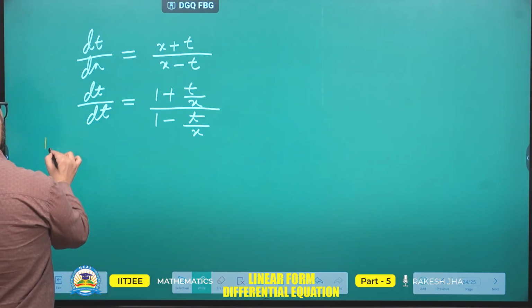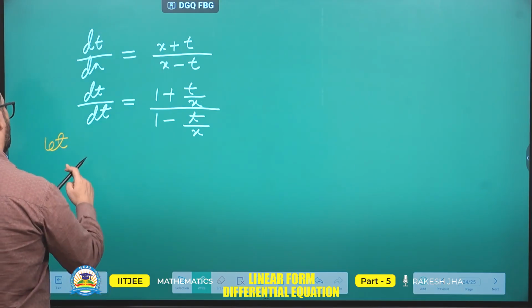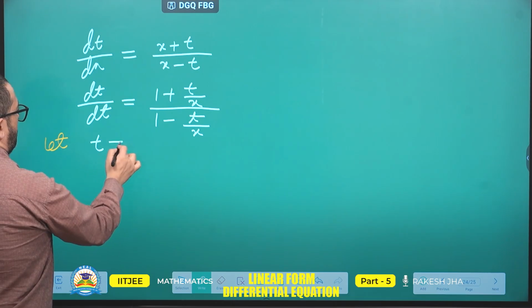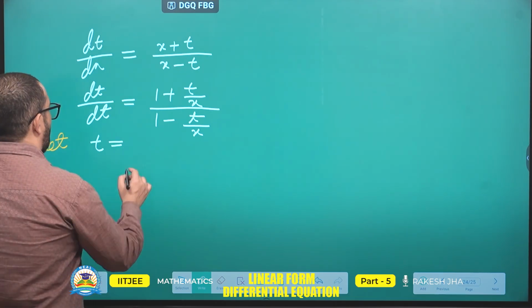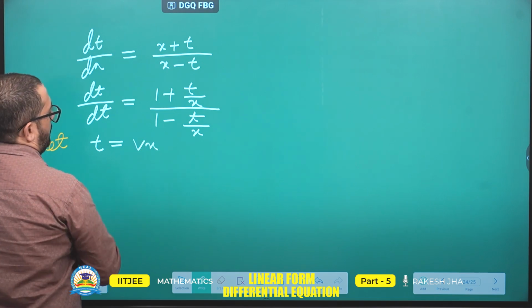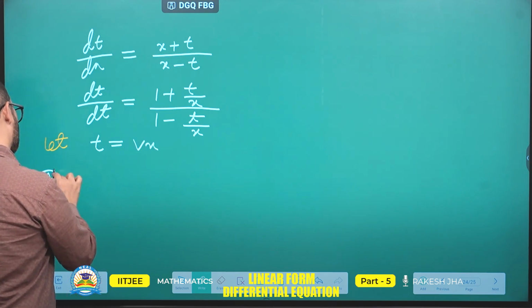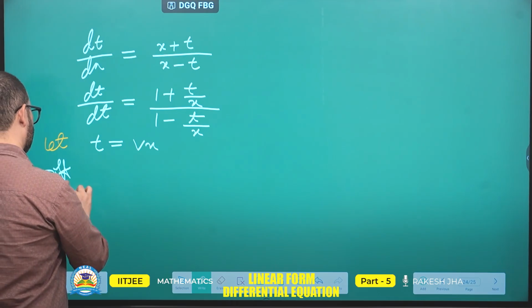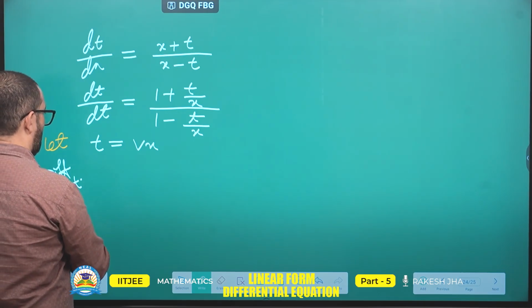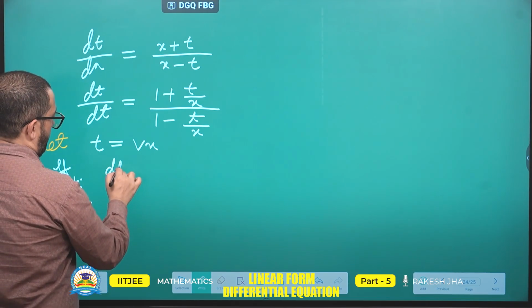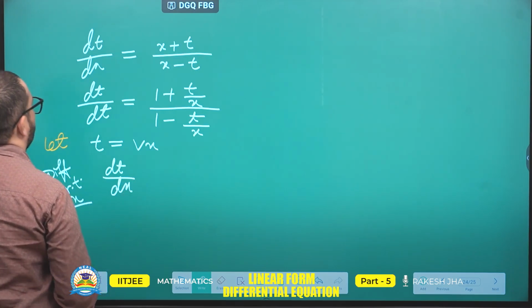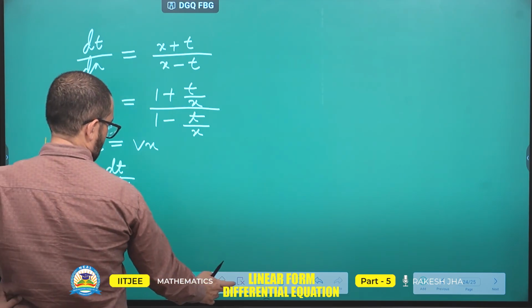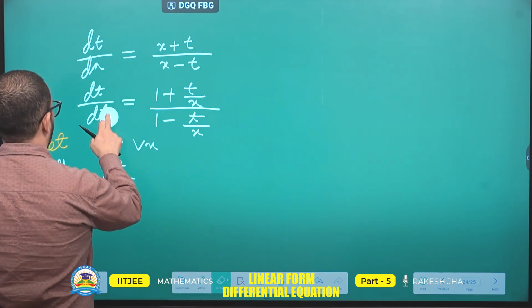We can assume let t is equal to vx. If you differentiate both sides with respect to x, it would be dt upon dx. Here it is x basically.